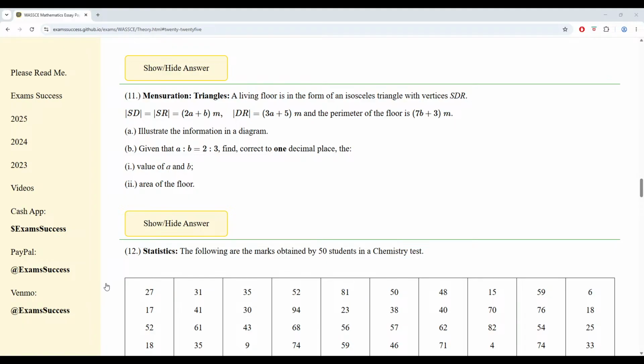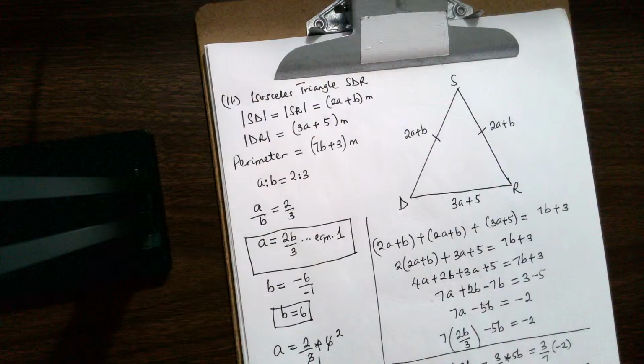So 2 times 2a plus b gives us 2 times 4 plus 6. And that is 8 plus 6, which is 14. 14 units, 14 meters. The unit is meters.